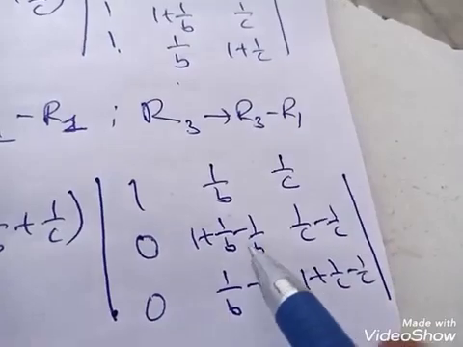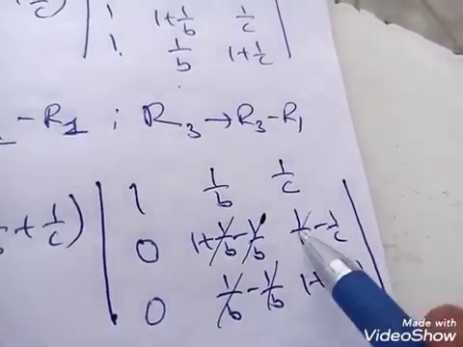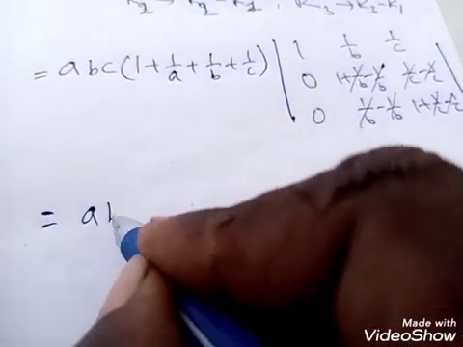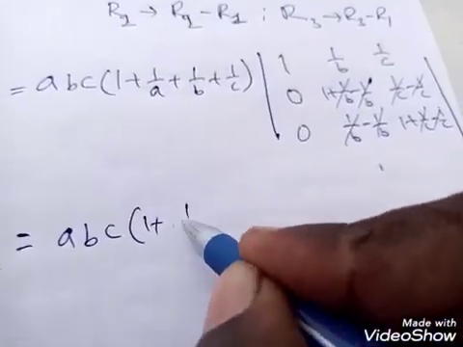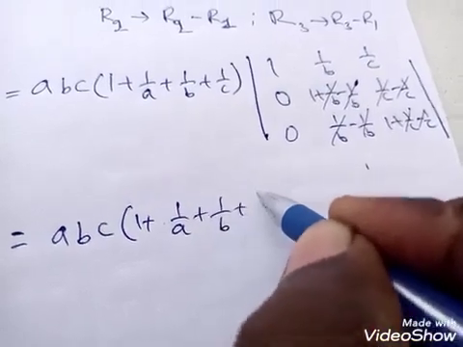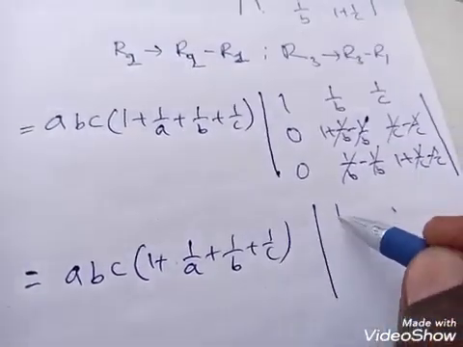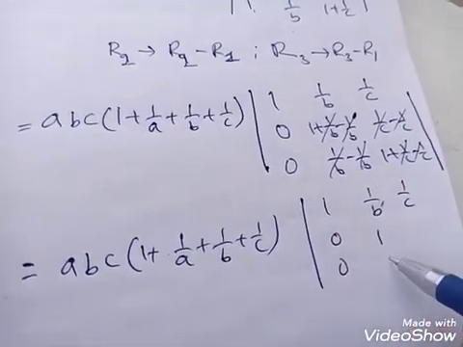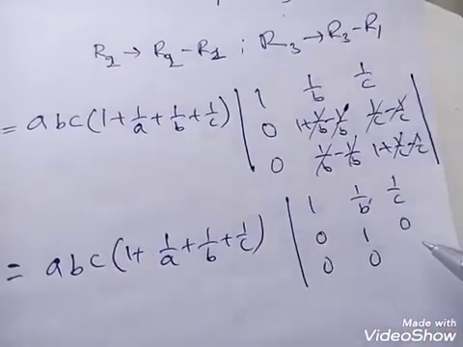Now these 1 by b terms get cancelled. Now you are going to get abc into 1 plus 1 by a plus 1 by b plus 1 by c into the determinant of 1, 1 by b, 1 by c; 0, 1, 0; 0, 0, 1.